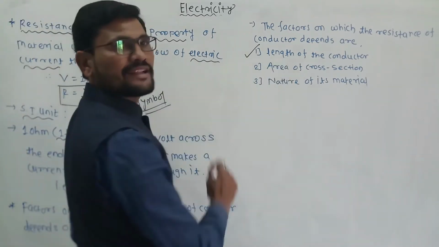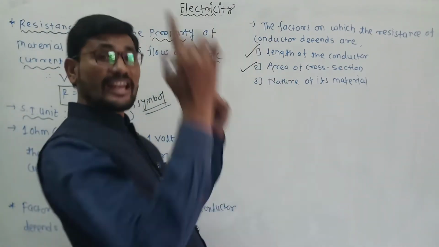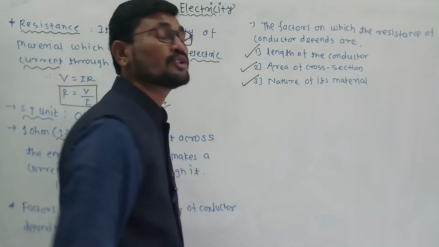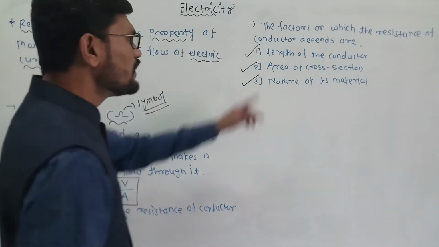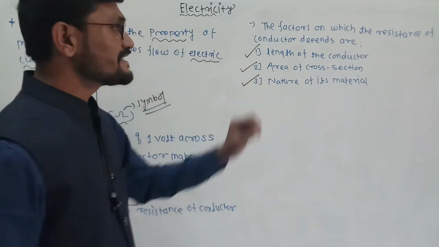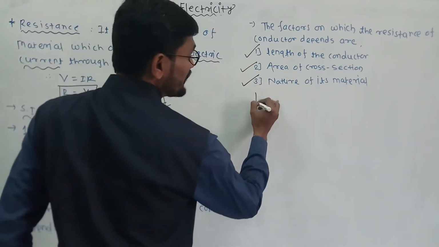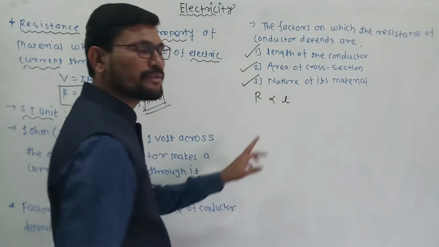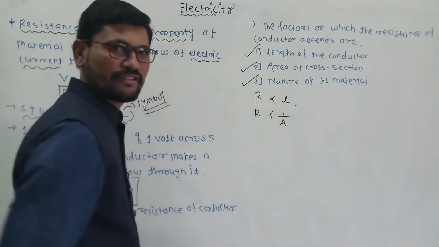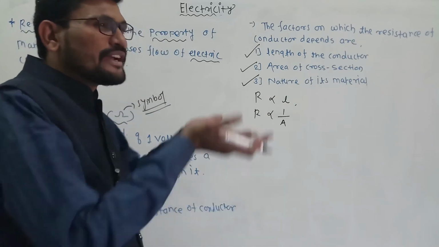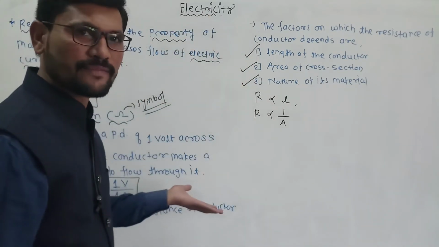It depends upon the length of the conductor, it depends upon the area of cross section, and also it depends upon the nature of its material. This is most important. Clear? Which means that resistance is directly proportional to the length of the material, and resistance is inversely proportional to the area. Which means what? If the area of the material increases, the resistance will decrease. Correct?